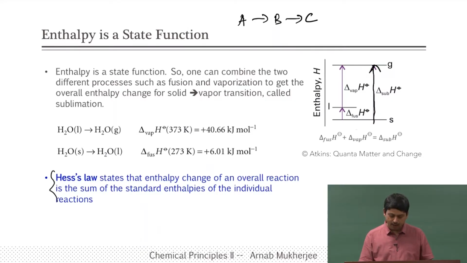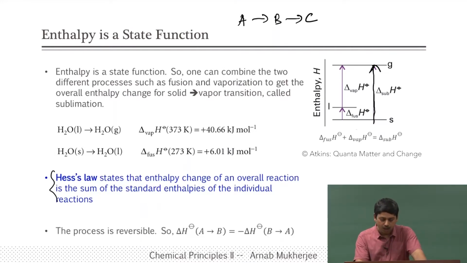And Hess's law says, in very similar terms, that you can do this not only for phase changes, but for reactions as well. You can combine one or more reactions to get an overall change from the initial to the final reaction, and we are going to use that a lot in order to calculate the enthalpy in different processes and reactions. And also it is reversible because again it is a state function.